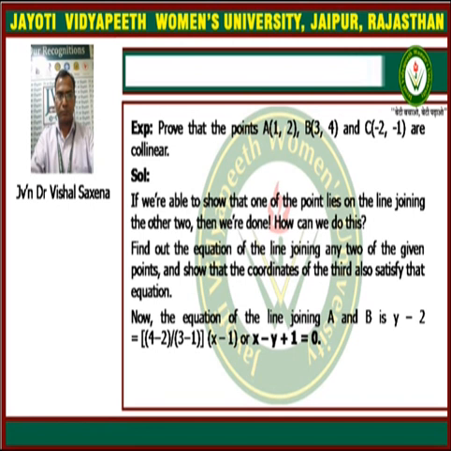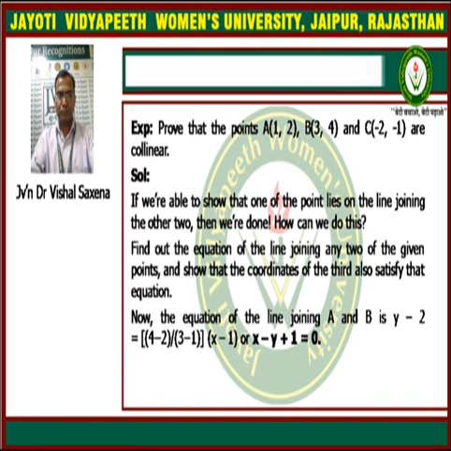And then, if the third point C lies on this line AB, then definitely the point C will satisfy the equation of straight line AB. And if it is satisfied, then it means the 3 points are collinear. So first we will find the equation of straight line AB.